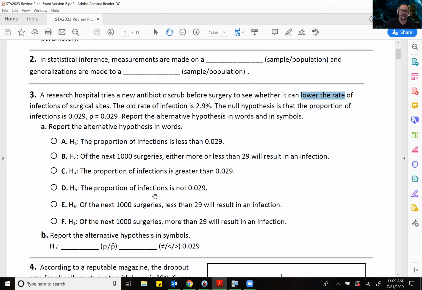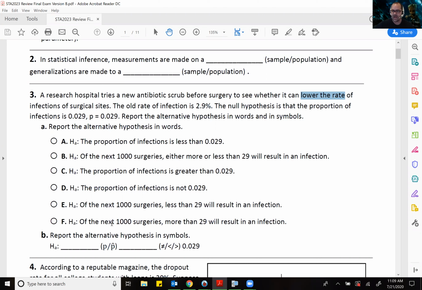The proportion of infections is not that number, but again, we're all about lowering, so that's junk. And then these two, again, same kind of idea that we talked about in B, says of the next 1,000 surgeries. We don't care about that, because we didn't talk about any kind of surgeries. So our gut in the beginning saying that it was A is correct.